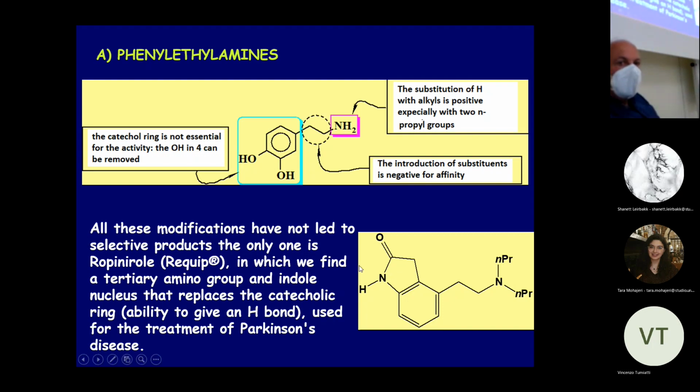In this way, ropinirole is not attacked by catechol-O-methyltransferase, it is resistant towards this type of enzyme, and it cannot be attacked by monoamine oxidase because there are these 2 bulky normal propyl groups on the nitrogen atom. So ropinirole represents the first direct agonist of dopamine on dopamine receptors. Do you have any questions?